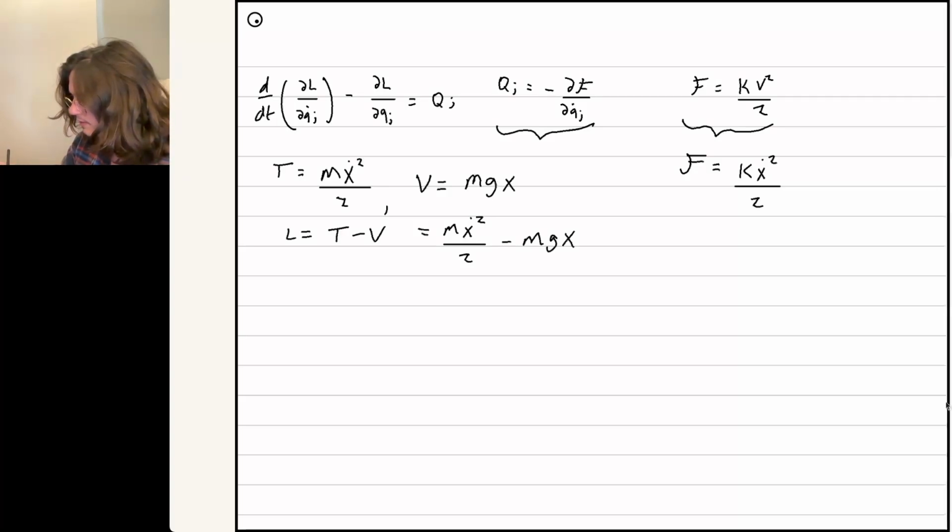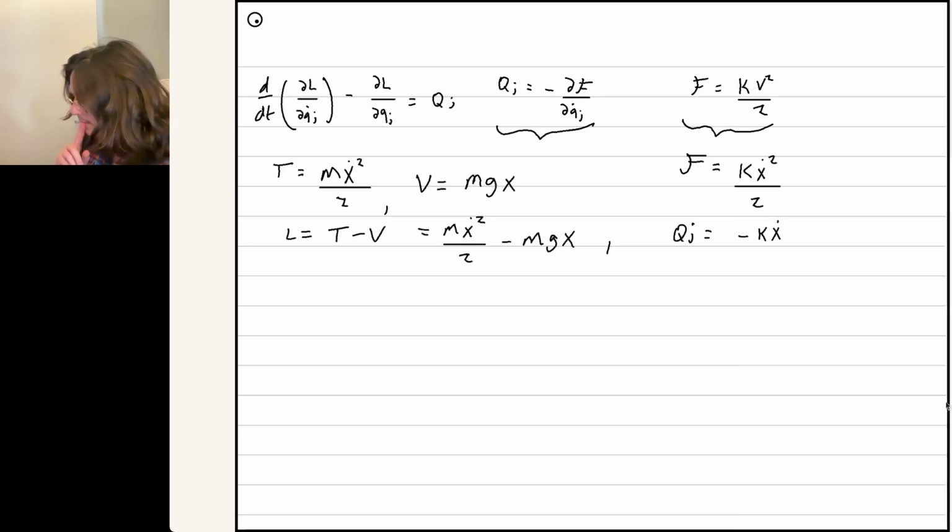If we take the partial derivative of that with respect to x dot, you'll find that the generalized force will be k x dot. Okay, so that's the right hand side of the Euler-Lagrange equation.